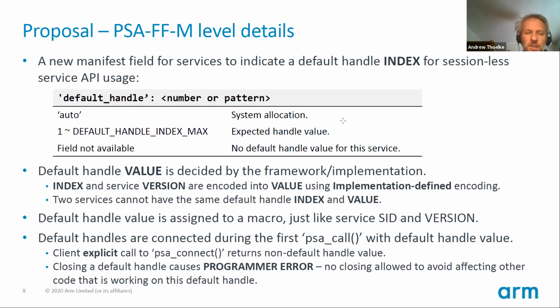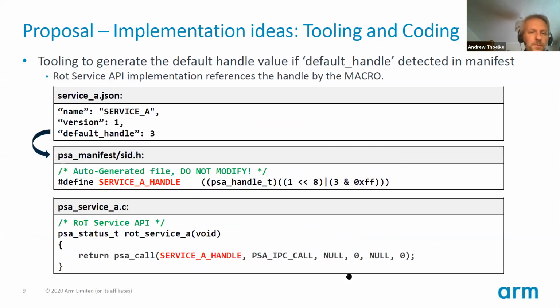If you make an explicit call to PSA Connect, you get a different handle value. So you get a normal kind of handle. If you try and close a default handle, it's a programmer error. So default handles are special because they just exist and you just use them with PSA call. And that's the intended client use case. So we've updated the implementation details.